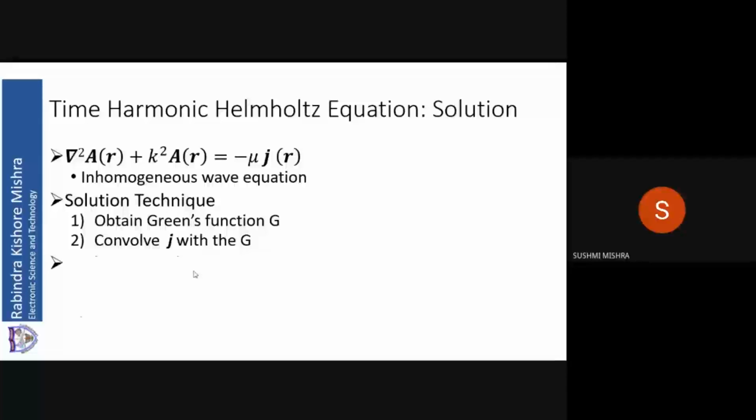Now when I make the right hand side equal to 0 in this equation, effectively what I am doing is I am making it source free. That means at the observation point, I am looking at A, and at the observation point there is no source.